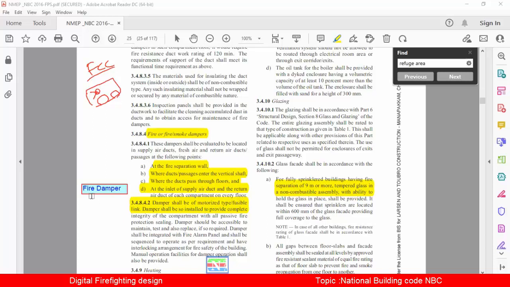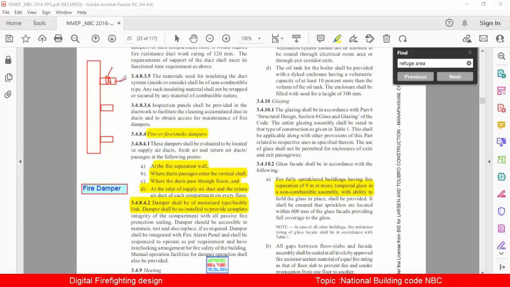So what is a fire damper, and where is it used? In case of fire, smoke will come out. Just now we discussed the staircase pressurization, right? So here we'll put a fire damper, on each floor. This will be connected to the fan.